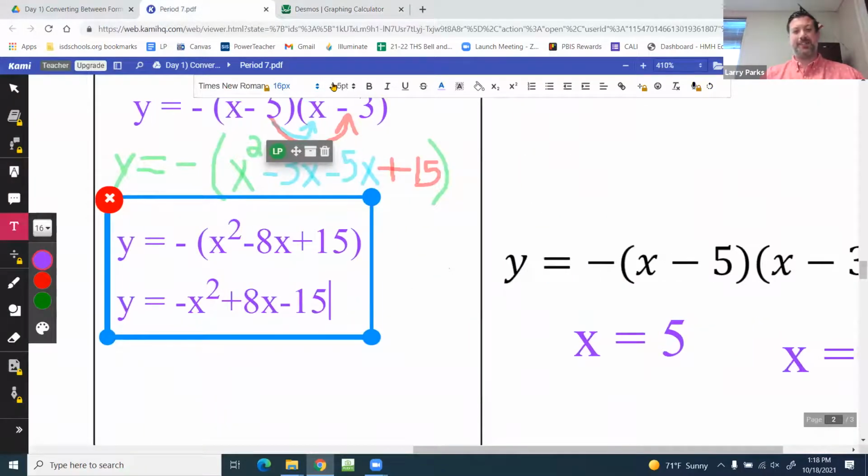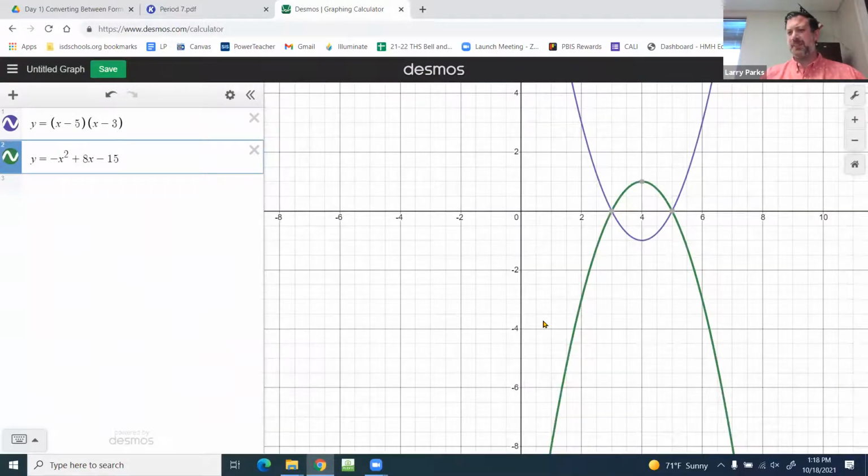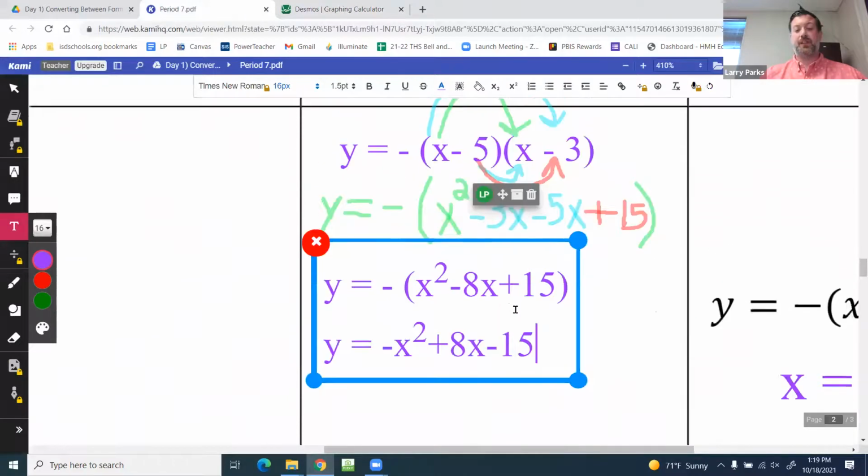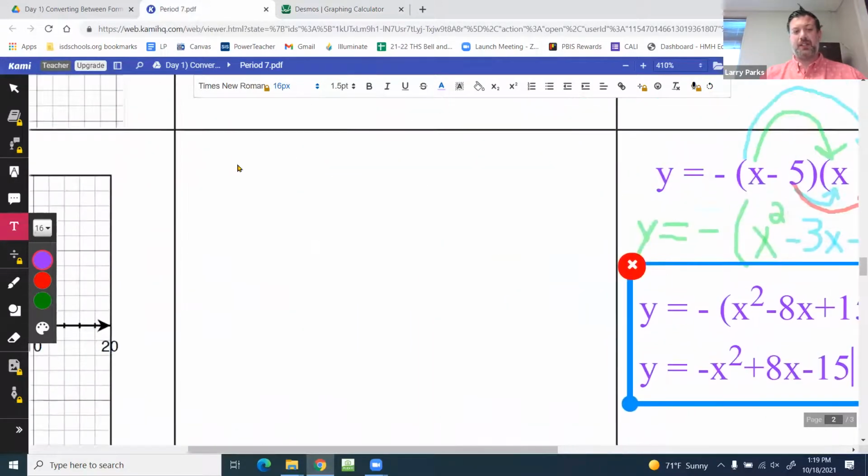Oh, I forgot my negatives. They look pretty similar. I noticed that this needed flipped over, so it's because I forgot my negative. Now they're good. See, it's easy to make mistakes. They are the same thing. And then I'm going to copy this over here.